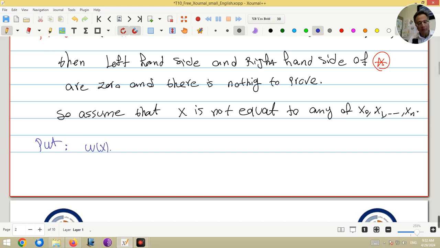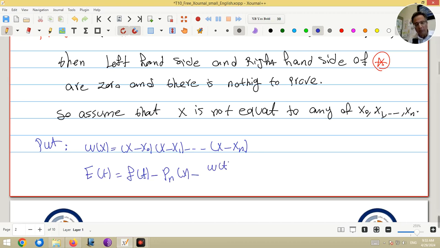First, w of x equal to (x minus x0) times (x minus x1) ... (x minus xn). And also define e of t equal to f of t minus Pn of t minus w of t over w of x times (f of x minus Pn of x).